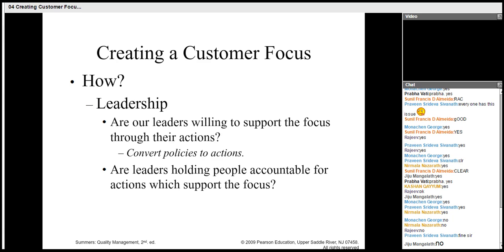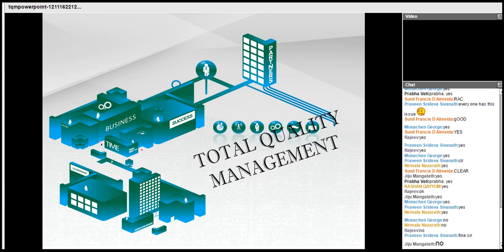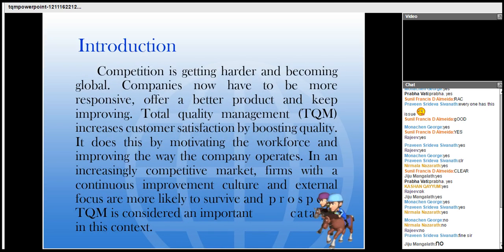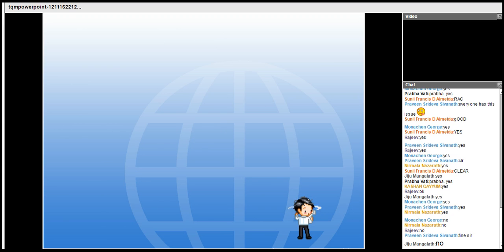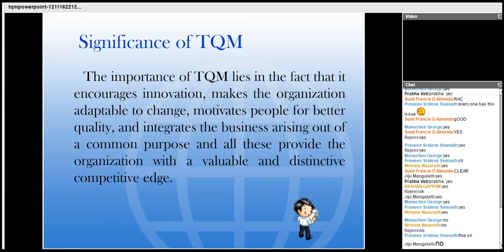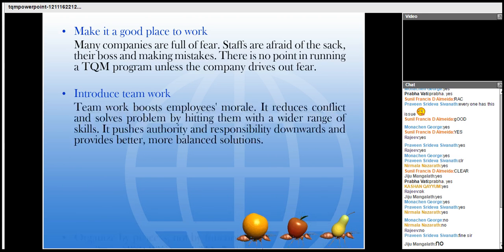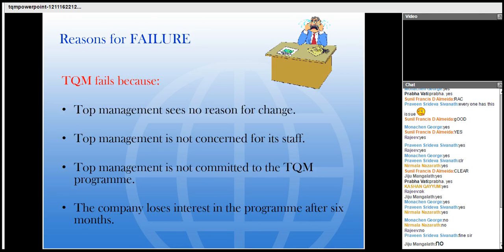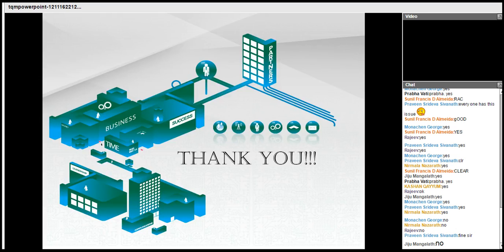We have gone through this slide also. It's almost the same everything.